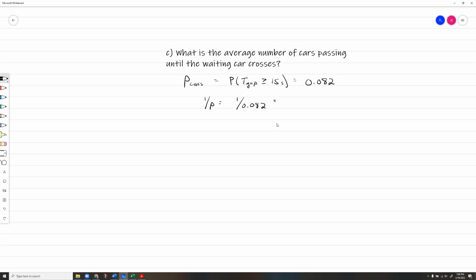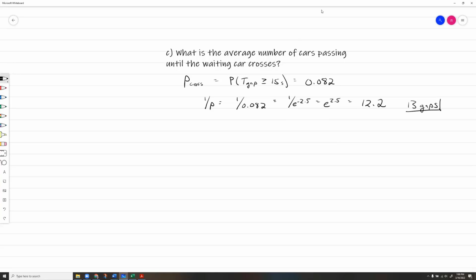And so that gives us 1 over e to the negative 2.5, which gives us e to the 2.5. I'm just writing that out so we can kind of track that algebra there. And that's equal to 12.2. So because gaps are discrete events, we'll say it takes 13 gaps on average, before the first car can cross.